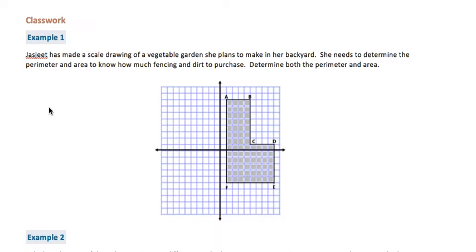So for our perimeter, we would simply add the lengths of each of the outside line segments.